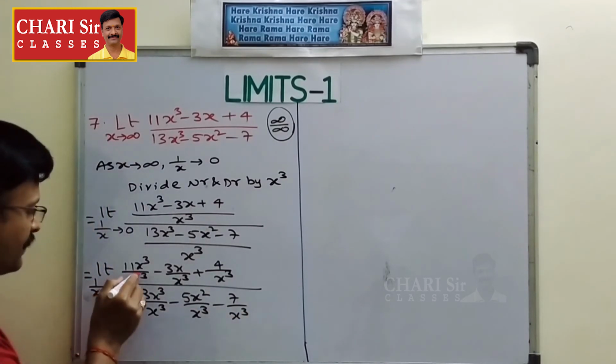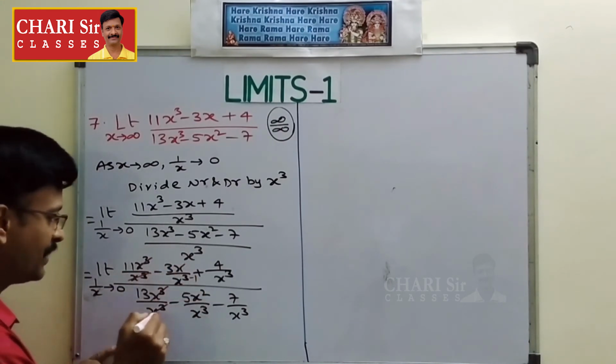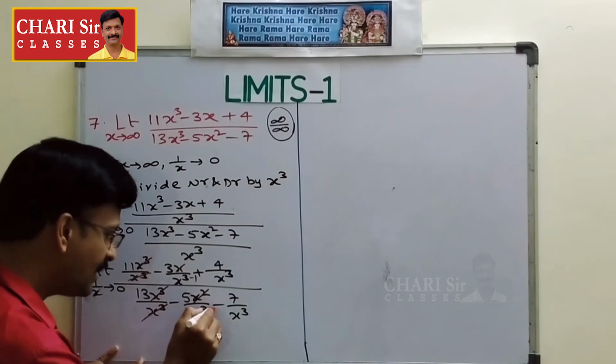Let's simplify this. x cube gets cancelled, and x gives minus 1; x square you can cancel, and here minus 2.